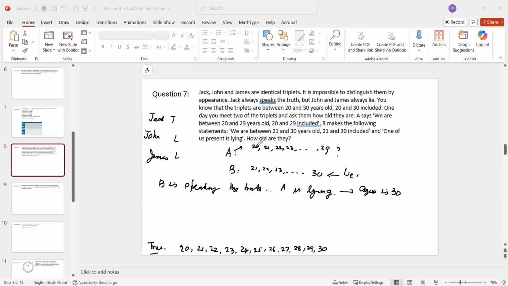Right? Because A is lying. So that's their age. And if you check, you can see B is speaking the truth because he says that the age is between 21 and 30. So the answer is, how old are they? The answer is 30.